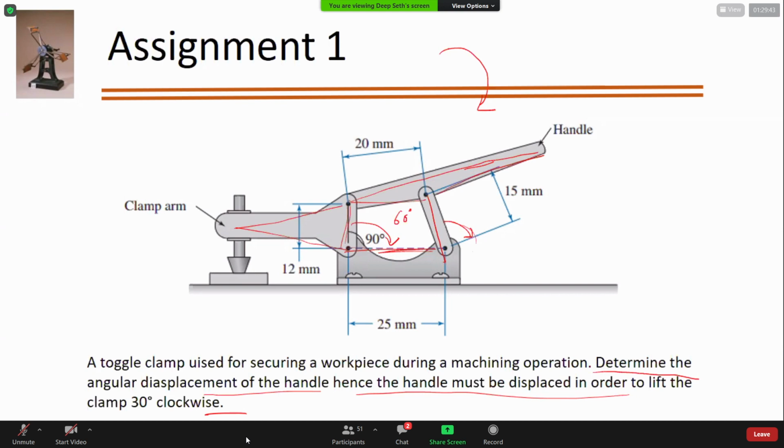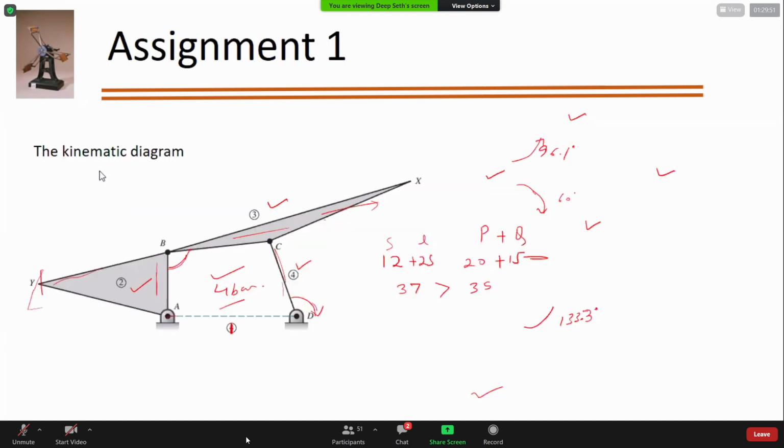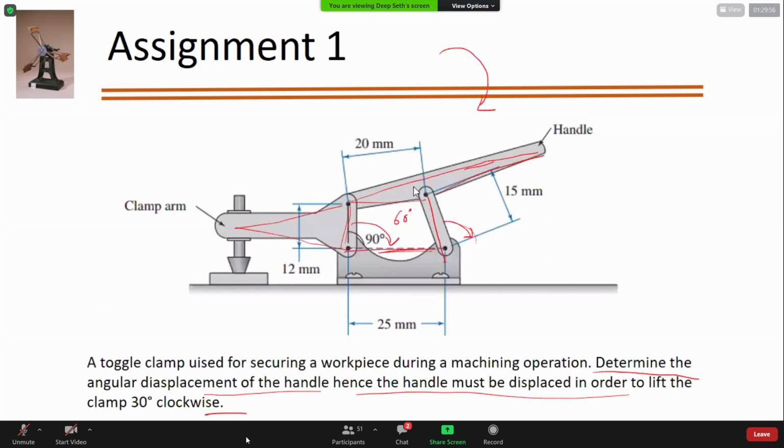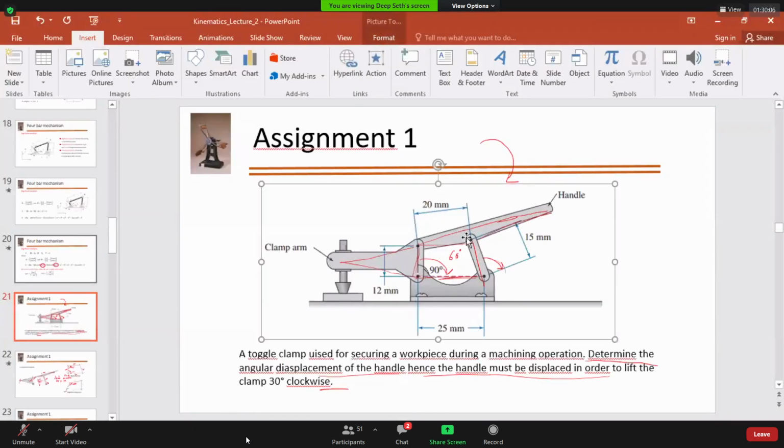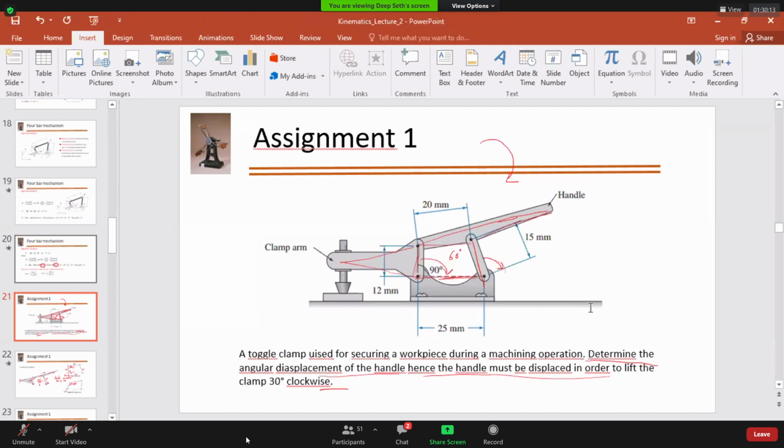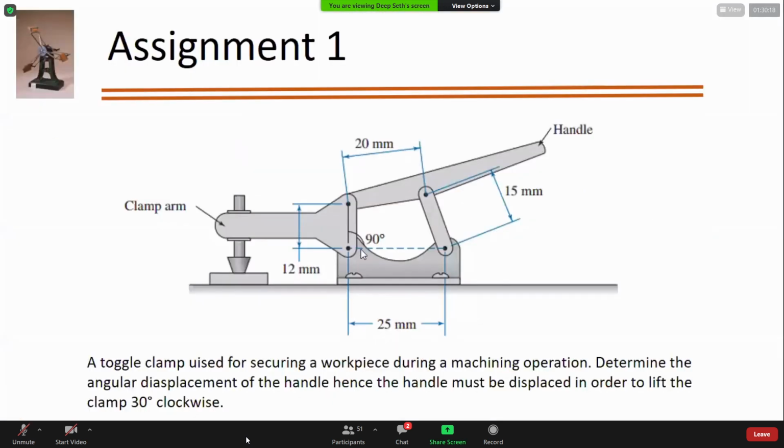Should we draw it as a triangle, or is it okay to draw just lines? No, actually you have to draw it as a triangle because you have a handle over here. And I think he's trying to ask, how can we distinguish the link which has a point of interest and which does not?